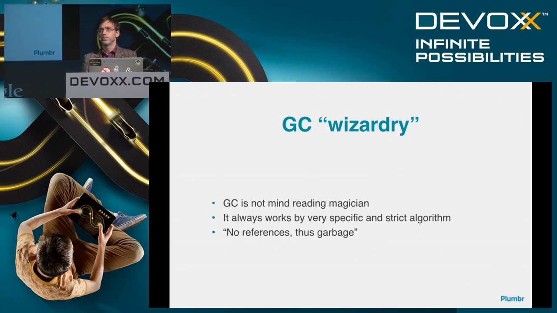That's all. Every garbage collector algorithm on the JVM, parallel, serial, CMS, G1, Shenandoah, they all work on this principle. No reference, thus garbage. As simple as that. All differences between them concern only when to run, and they mainly impact performance from this point of view: how often and for how long the garbage collector will run, not the underlying algorithm.